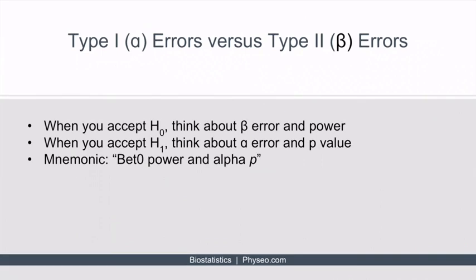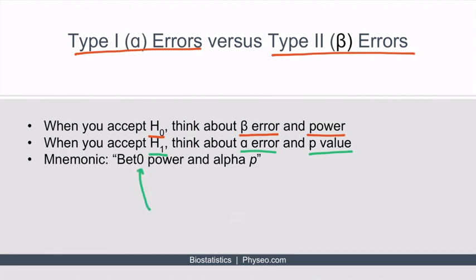Now let's summarize what we learned about type 1 or alpha errors and type 2 beta errors. Remember that when you accept the null hypothesis, you should be thinking about your beta error and power. Whereas when you accept the alternative hypothesis, be thinking about an alpha error and your p-value. A helpful mnemonic is beta power and alpha p.